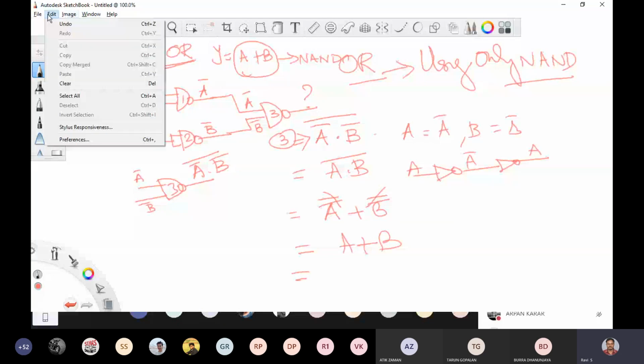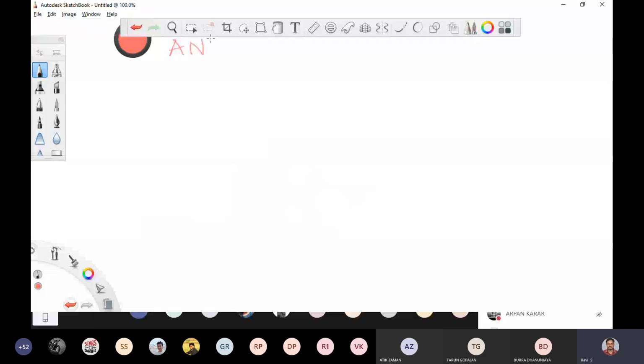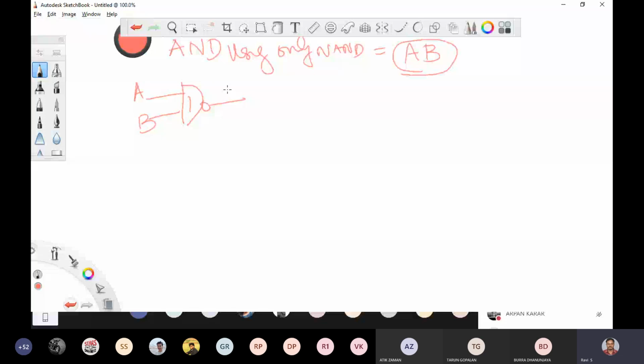So I'm going for the third one. Let me go for the simple implementation using only NAND. I need to obtain the expression A dot B. If I obtain A dot B, I can claim that the logic is AND. So I'm taking NAND gate number 1, obtaining A dot B the whole bar, since NAND gives you AB the whole bar.